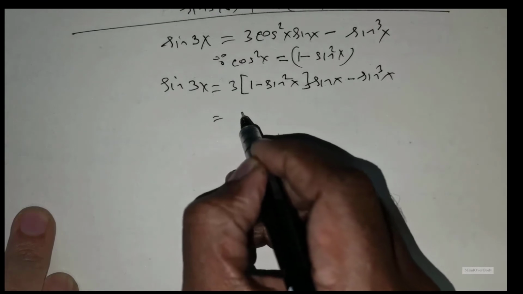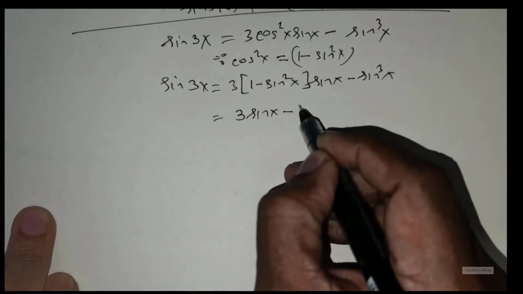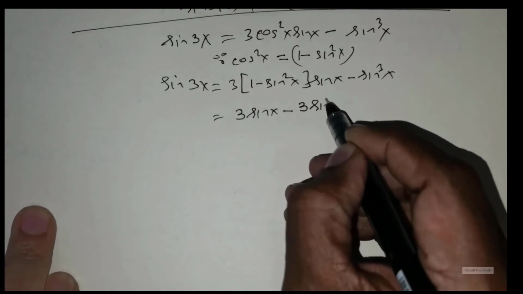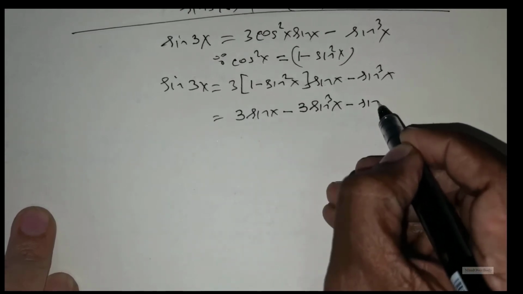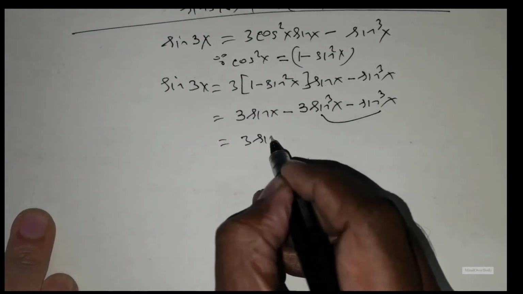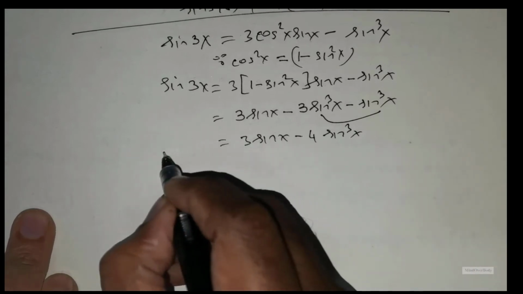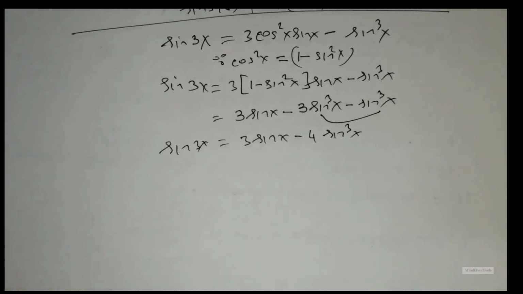Now removing the parenthesis is going to be 3 times sin x minus 3 times sin cubed x minus sin cubed x. Now adding these two would give me 3 times sin x minus 4 times sin cubed x. On the left side it is sin 3x.